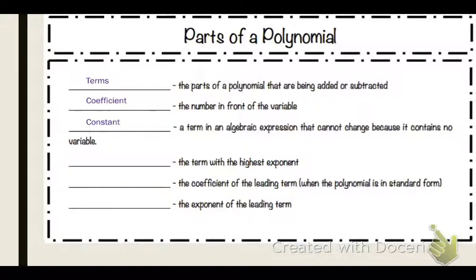Constants never change, so that should be a pretty easy one to remember. The term with the highest exponent is the leading term. Okay, it's the highest one, so it leads. The coefficient of the leading term is the leading coefficient. And then the exponent of the leading term is the degree. Okay, we'll get more into degrees in just a second. Take a second, write all those down.